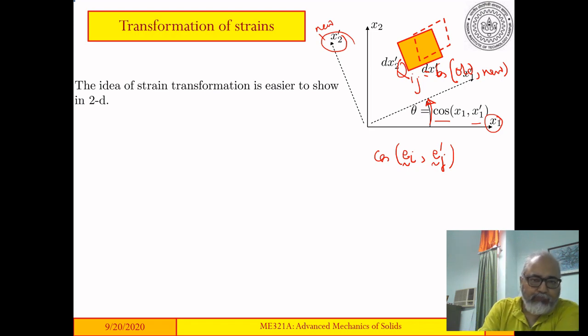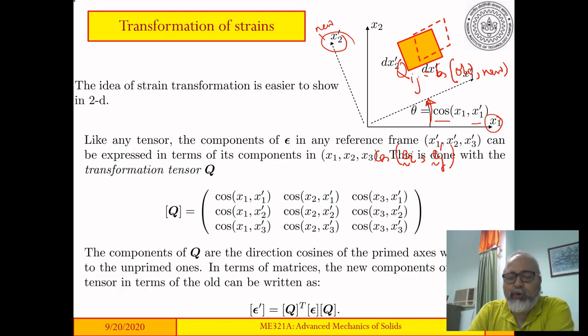In general, this would be my Q matrix in the Cartesian system when I'm going from old x1, x2, x3 to new x1 prime, x2 prime, x3 prime, which in matrix form is written in this manner.